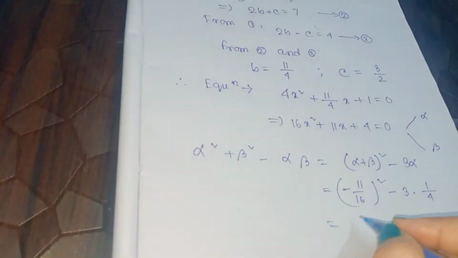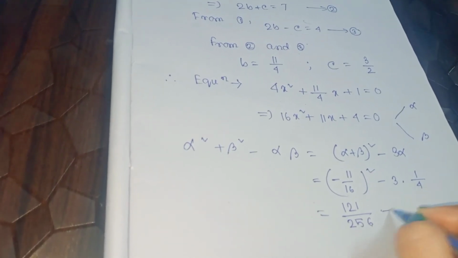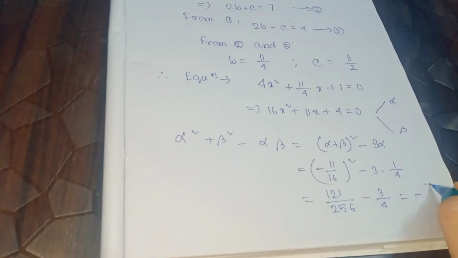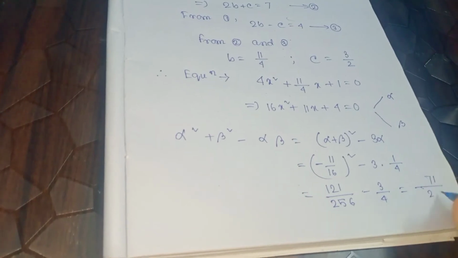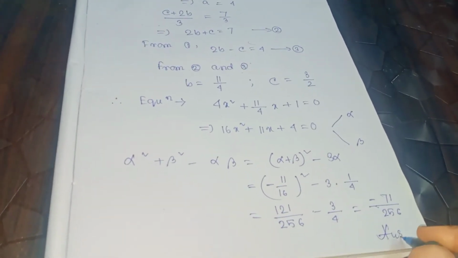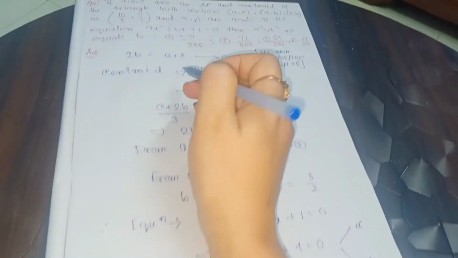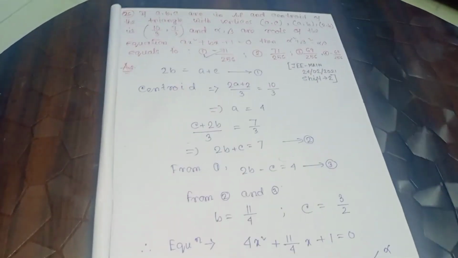So that is equal to 121 by 256 minus 3 by 4. So it is minus 71 by 256. So I think we reached our required solution, and option 1 is our correct choice. So here is the whole solution of question 26.